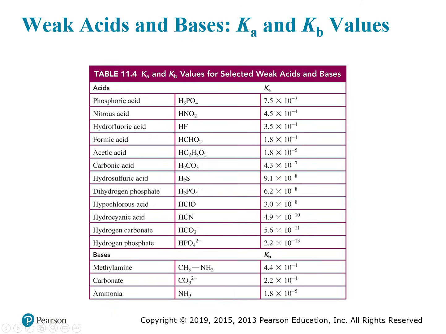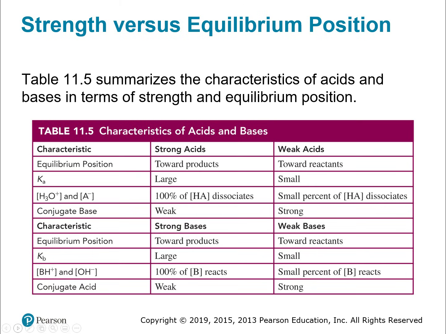This table, 11.4, has values for Kas and Kbs for select weak acids and weak bases. You may need to reference this for your homework. You won't have to memorize any of these. It will always be provided if you need to know the Ka. Table 11.5 is a great table that summarizes the characteristics of acids and bases.